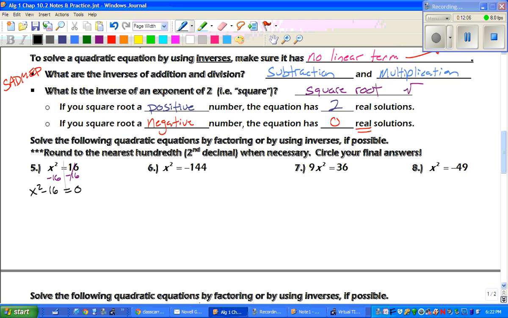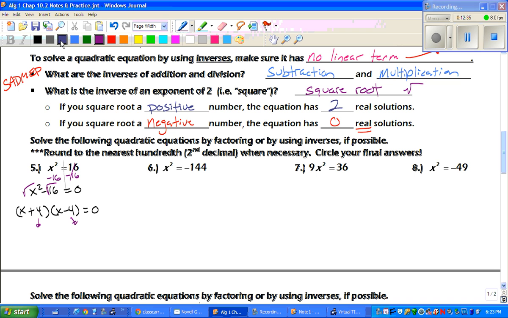Now, can we take out a GCF? No. But it's a binomial with subtraction, so we can do the difference of two squares. The square root of x squared is x. Remember, one's positive, one's negative, and the square root of 16 is 4.